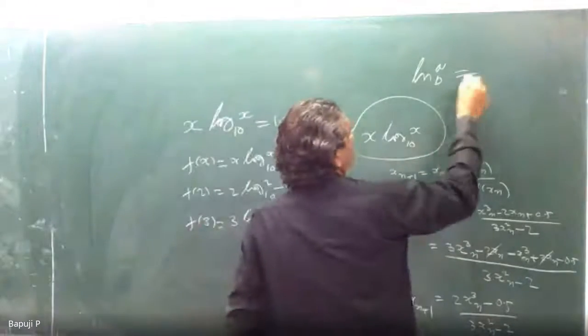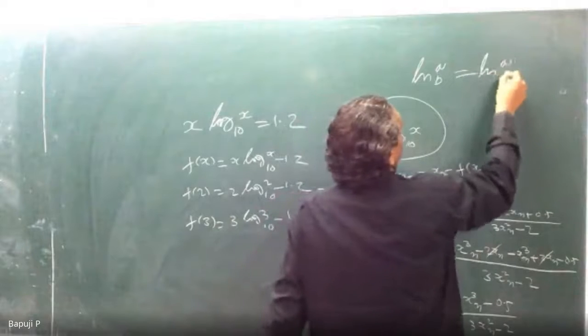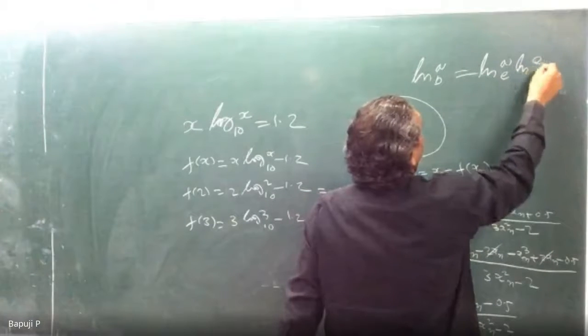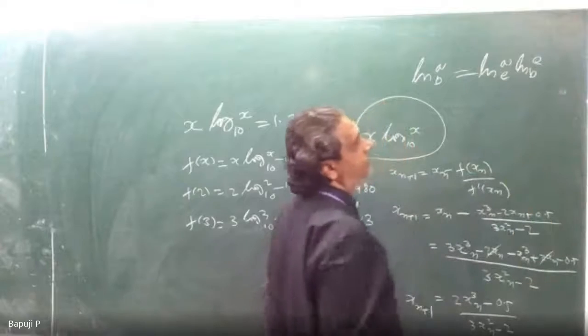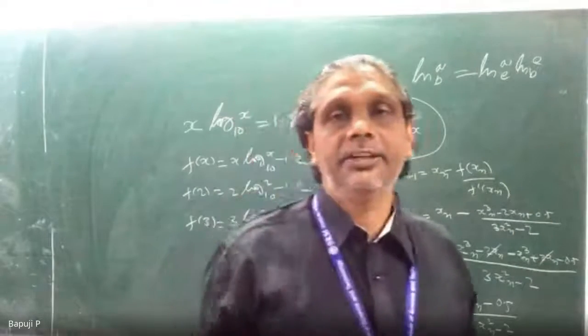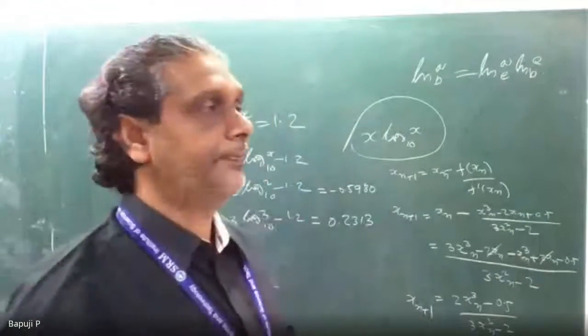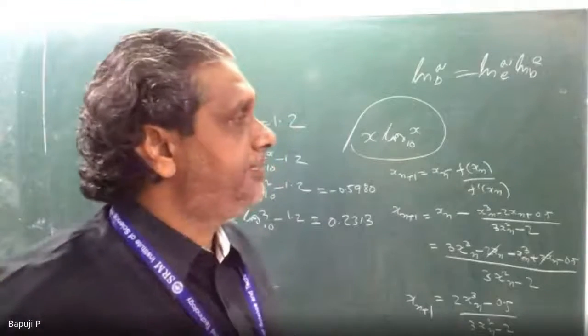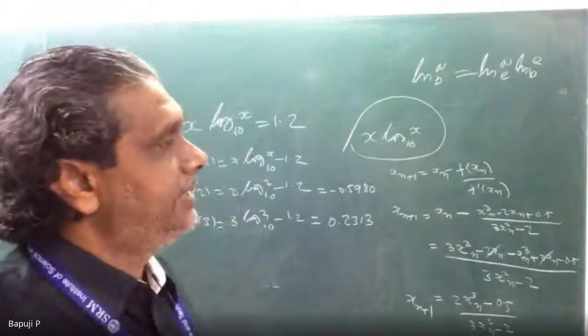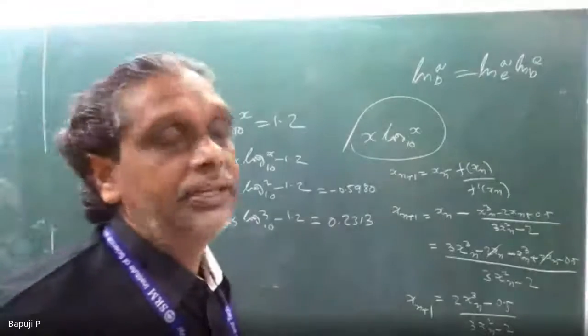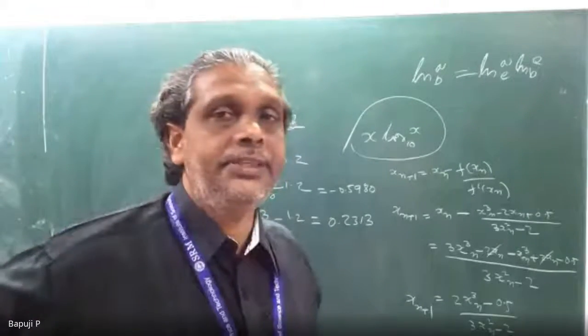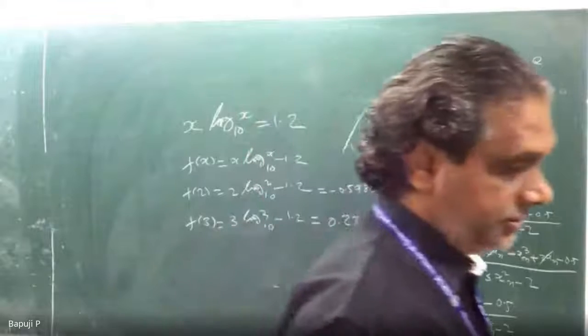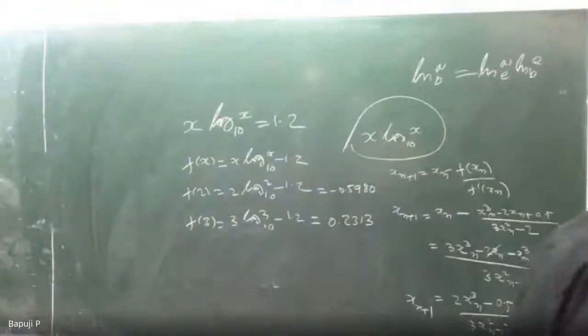Suppose I write log A base B, log e base B. Agree? Log A base B, how can I write? Log A base e into log e base B. This is nothing but log A base B. Am I correct or not? Say yes or no?